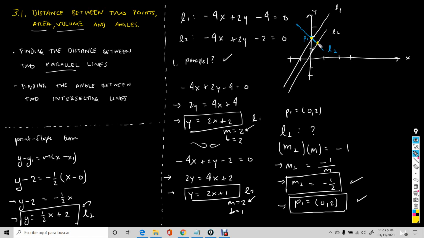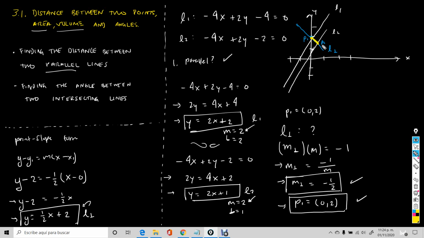Because if I can find this point, which I can call point 2 for consistency (point 1 is on line 1 and point 2 will be on line 2), then all I need to do now is get the distance between point 1 and point 2, because this would be the distance of the perpendicular segment that goes from L1 to L2. So I need to find this little point right here, point 2.